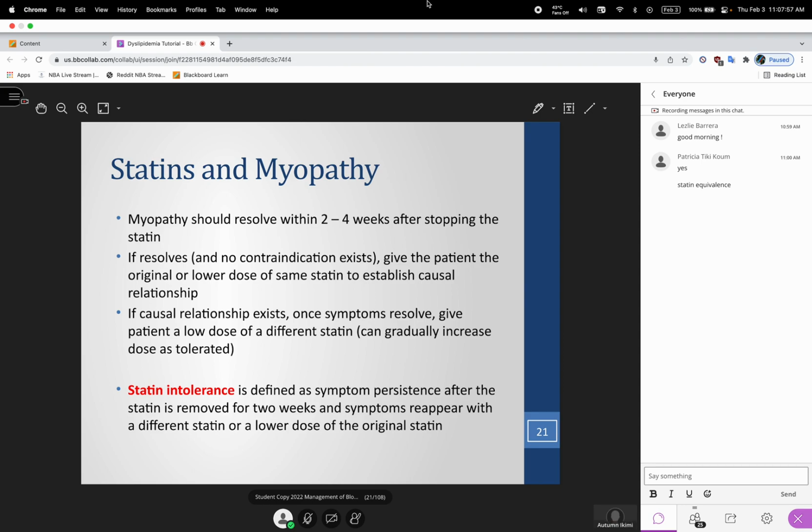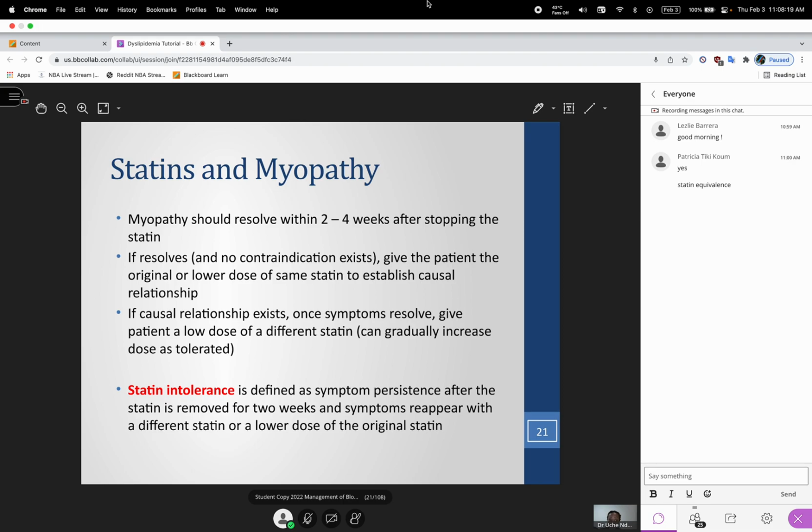Yes, ma'am. Good morning. My question was about the ALT labs. If the person has liver damage, what's the next plan of action if they're unable to have a statin? Do you just go automatically to ezetimibe? You would go automatically to ezetimibe.